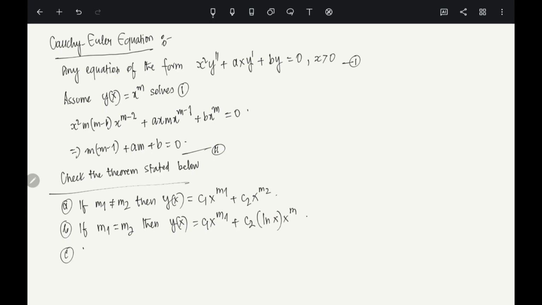And if they are complex conjugates, so m is u plus or minus iv, then y of x will look like c1 times x power u cosine of v log x, plus c2 times x power u sine of v log x. In both cases x power u is there. Clear? So you have to check this part.